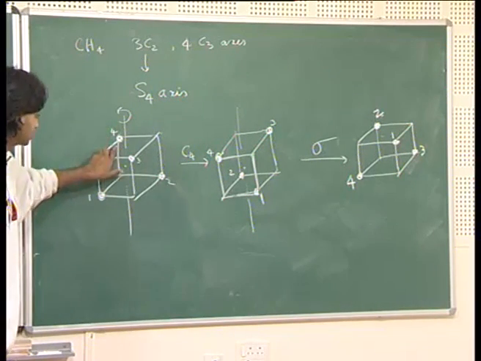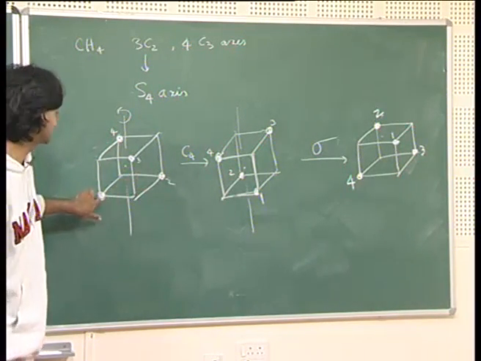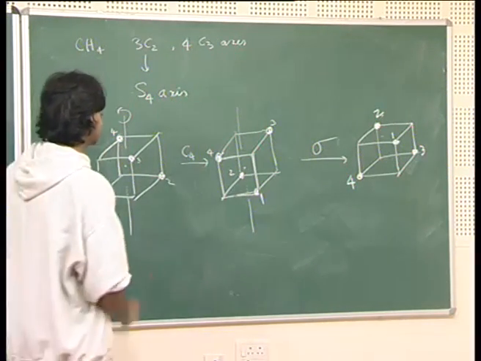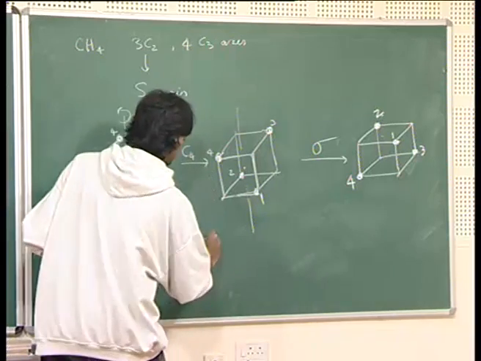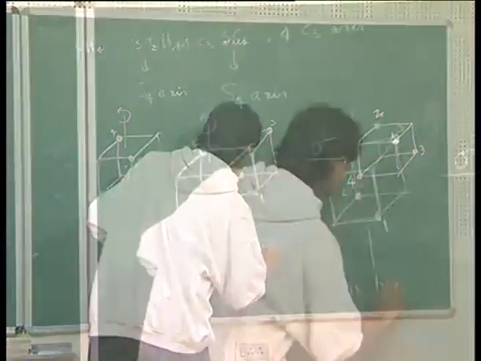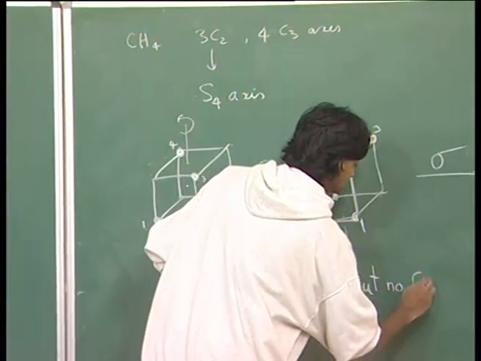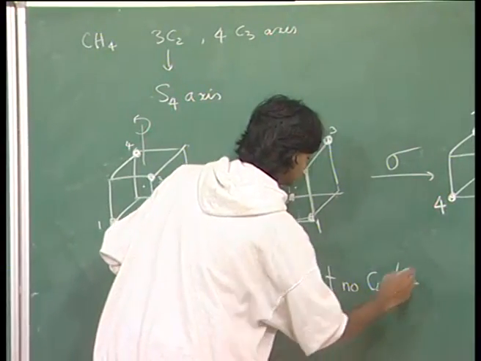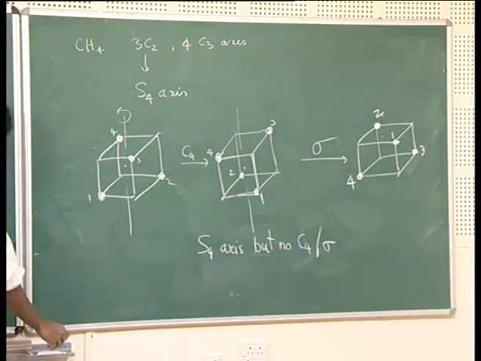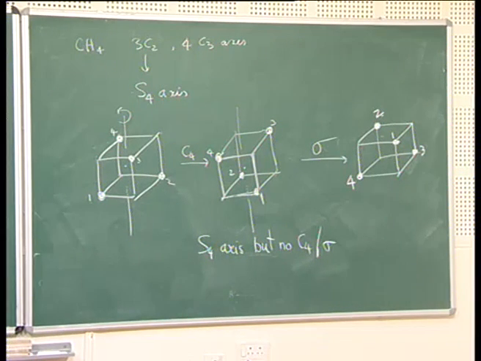It is as though 1 went here, 2 went here, but the locations are the same. So, this is equivalent. So, S4 axis, but no C4 and no sigma. So, this is another non-trivial example when you have improper rotations.